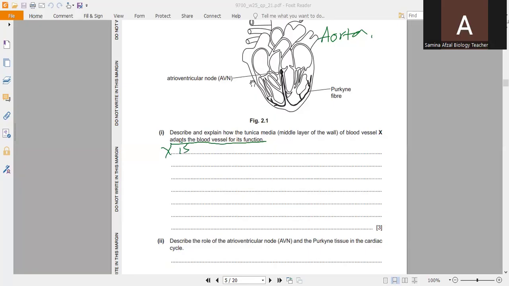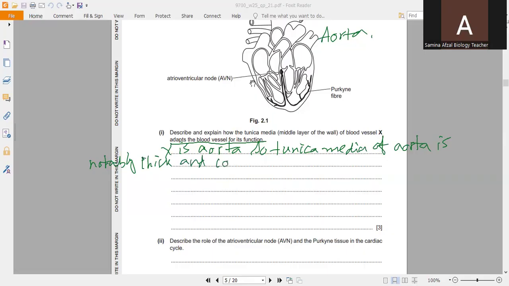So first of all, we will go with X, that is the aorta. The tunica media of the aorta is notably thick and contains a high proportion of elastic fibers and smooth muscles.